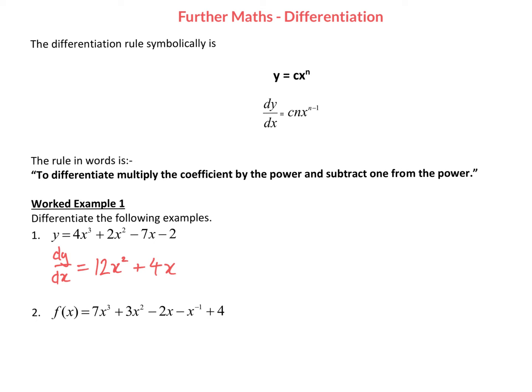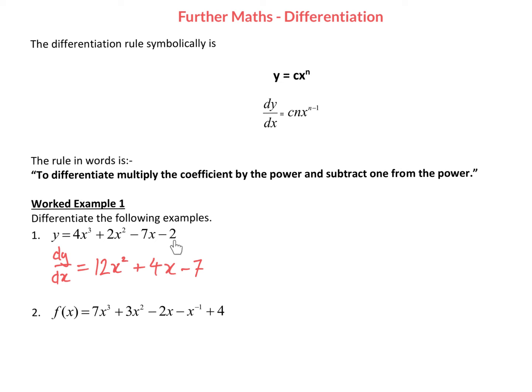And x to the power of 1, we don't write, we just write x. Same sort of thing here. Actually, this is x to the power of 1. Well, 1 times anything is just itself, so we get minus 7, and then we get x to the power of 0. But anything to the power of 0 is 1, so we don't actually write x to the power of 0, we just leave it as minus 7.